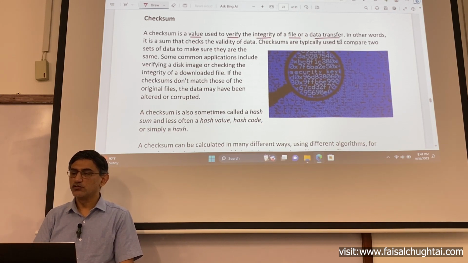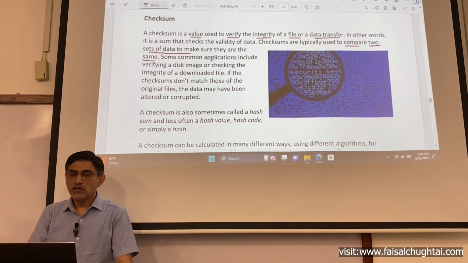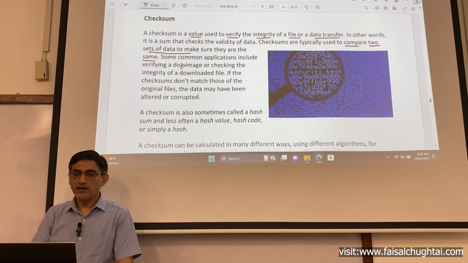Checksums are typically used to compare two sets of data to make sure that they're the same. In what way? We'll look at that in a bit. Some common applications include verifying a disk image or checking the integrity of a downloaded file. If the checksums do not match those of the original files, the data may have been altered or corrupted.